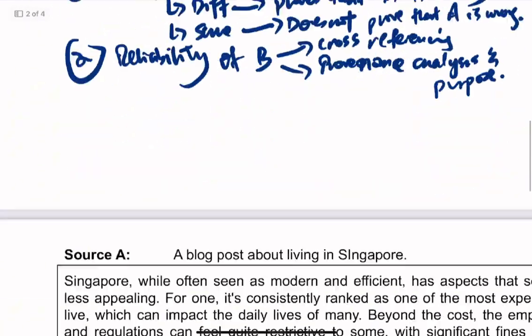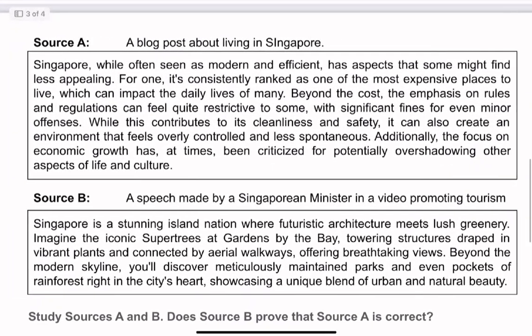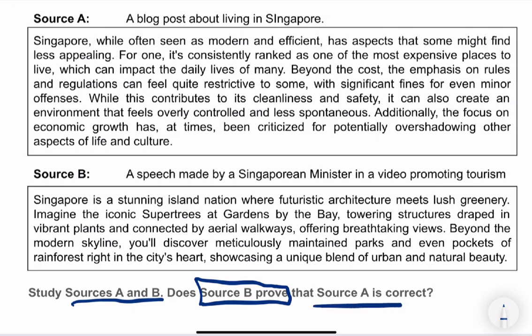All right, let's take a look at an example here. This is probably a familiar source set. Study sources A and B. Does source B prove that A is correct? Now, this is a familiar two sources. If we take a look at these two sources, this tells me that SG is attractive.